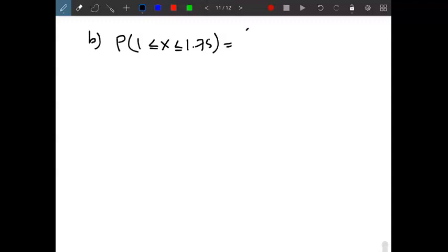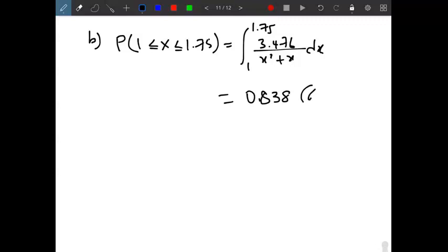This is the integral from 1 to 1.75 of f of x, of course 3.476, that's the value of k, divided by x squared plus x dx. Of course, you can evaluate this integral using your GDC again, so that's 0.838. That's using your GDC.